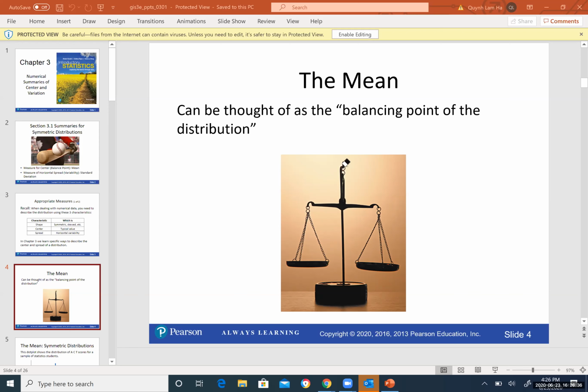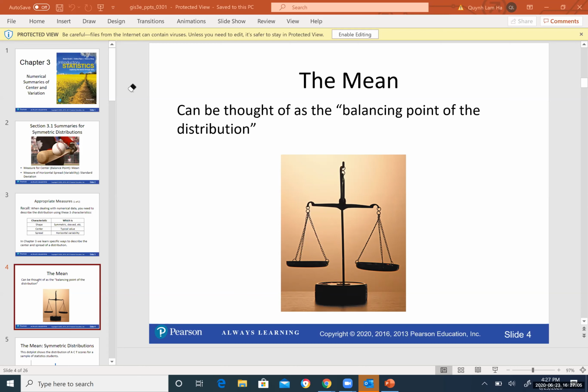But the middle part is a bit up like this. So it can be thought of as the balancing point of the distribution. That's the mean. How do you compute the mean? You compute the mean by adding all the given data together and dividing by the number of data. You will get the average.